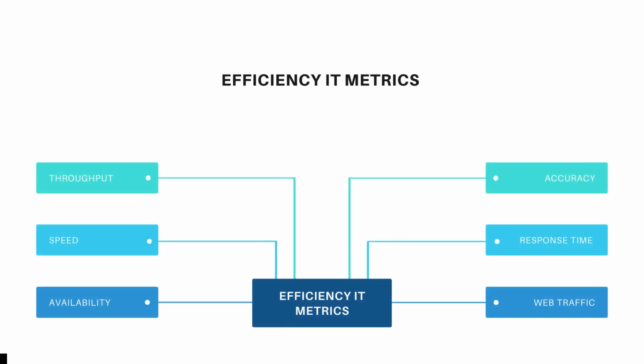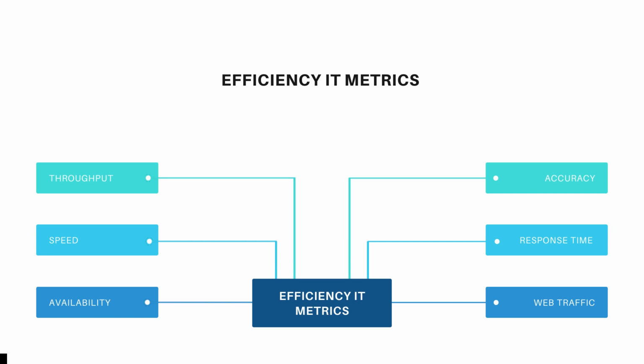For efficiency IT metrics, we have throughput, which is the amount of information that can travel through a system at any point in time. We have speed, the amount of time a system takes to perform a transaction. Availability is the number of hours a system is available for users.